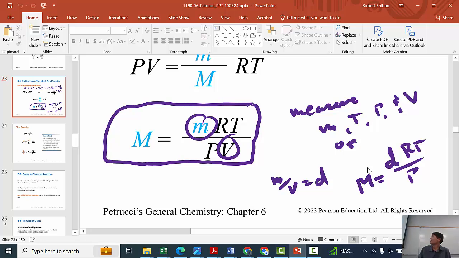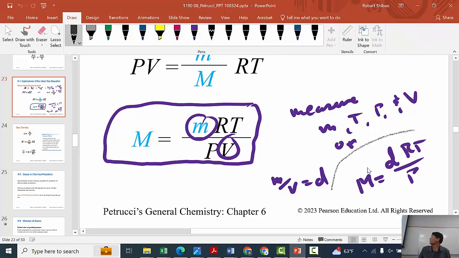So this is one of the applications. This is the same thing in Chem 4. You probably recognize this equation from Chem 4 or Intro Chem: the molar mass is equal to the density times R times T divided by P, the pressure, because M over V is the density.